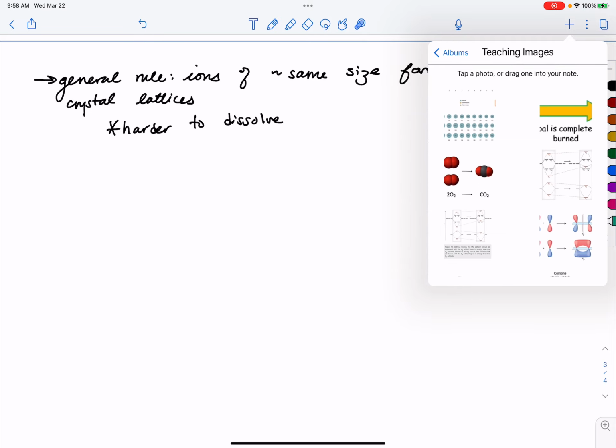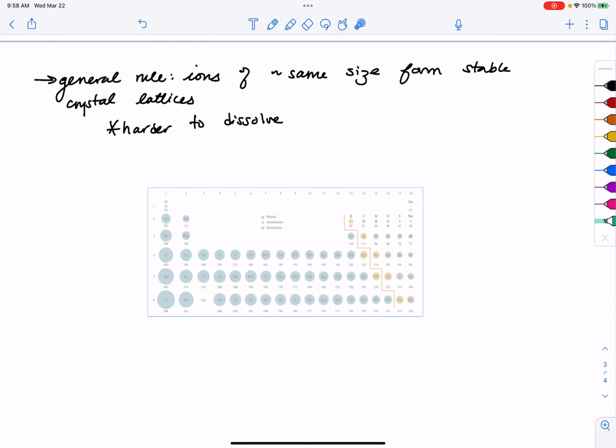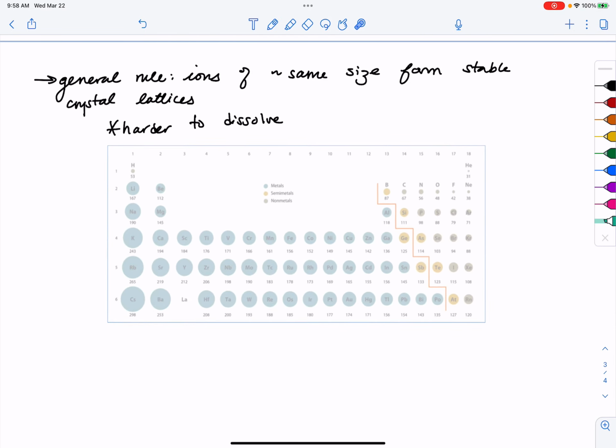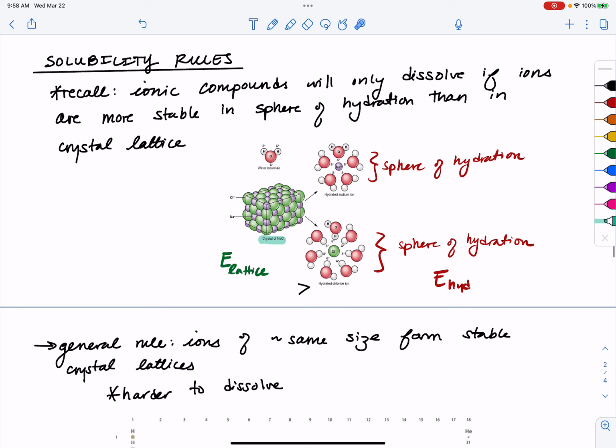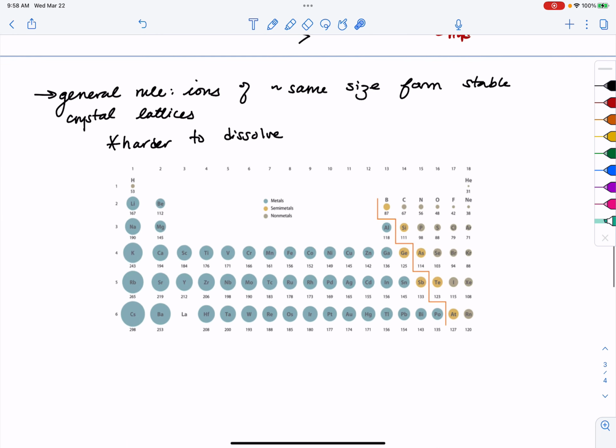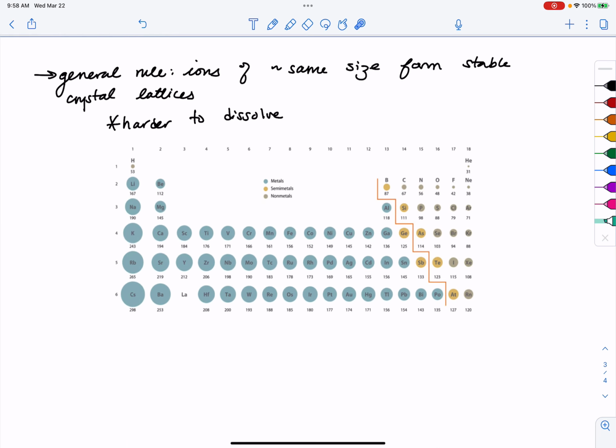So let's remind ourselves about the periodic trend of radius, atomic radius. Here we're looking at ionic radius. So if we look at sodium and chlorine, so I have sodium here in, oh, this is not ionic radius, this is atomic radius.